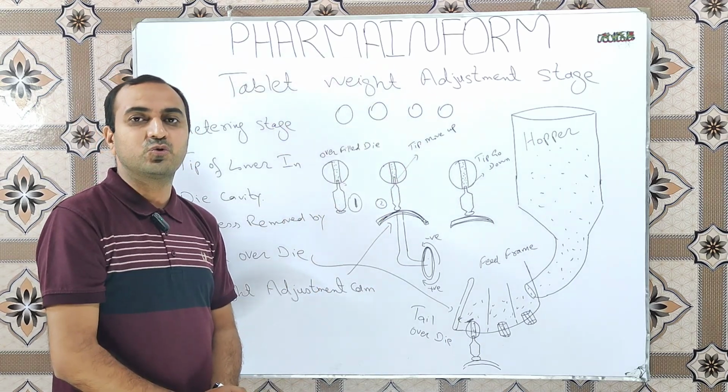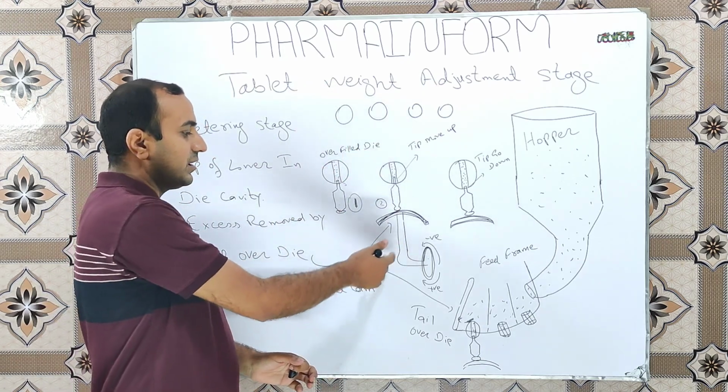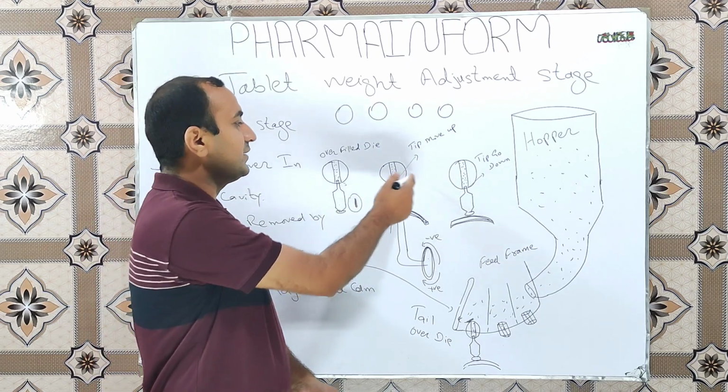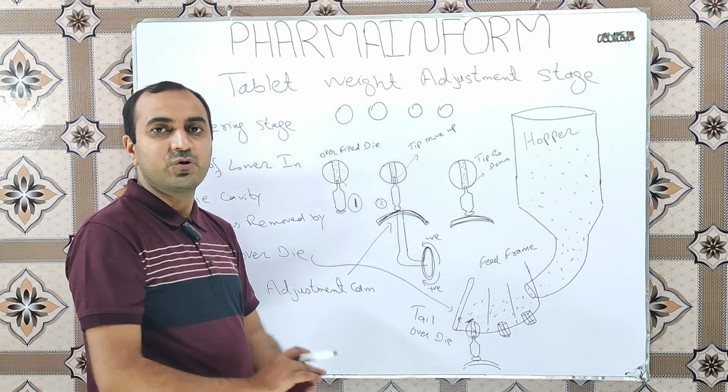So when you rotate the knob of the weight controller clockwise or anti-clockwise, the weight is increased or decreased.